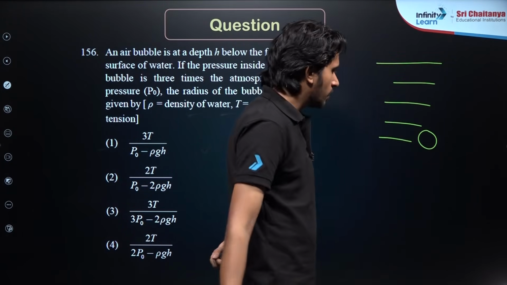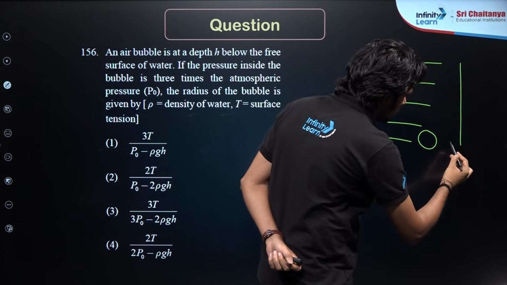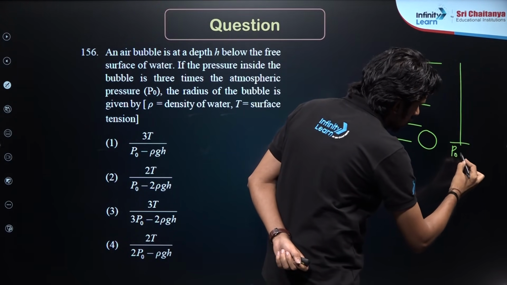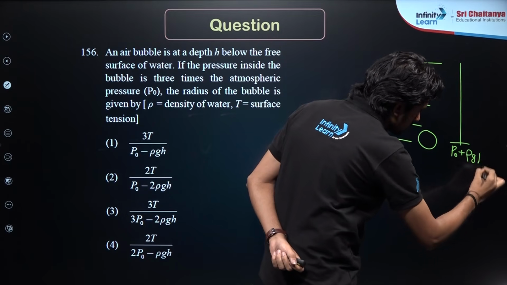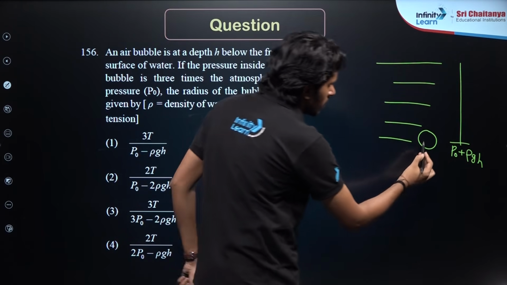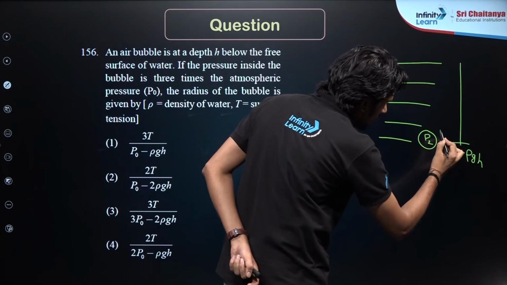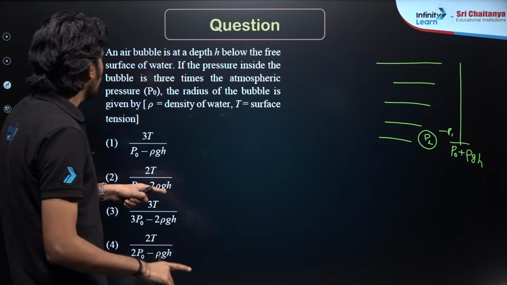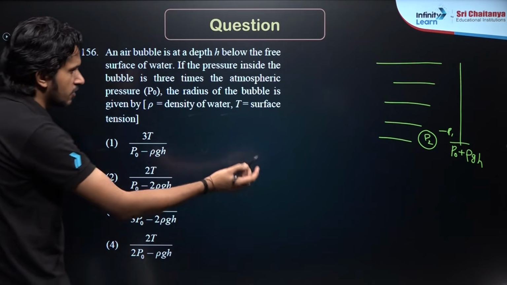Here we have that bubble. What is the pressure here at this level? That pressure is P naught plus rho gh. And the excess pressure, that means P2 minus P1, is given as how much?